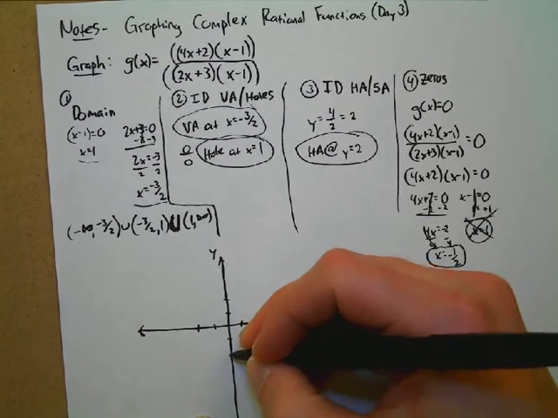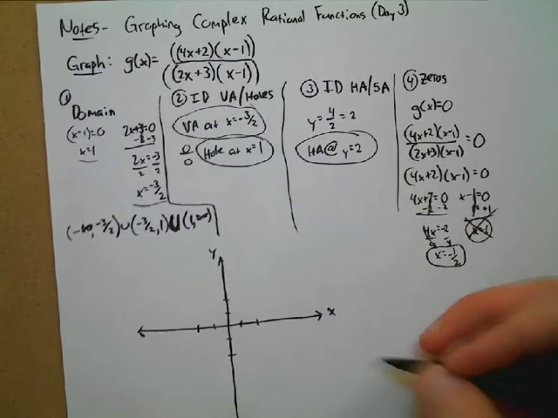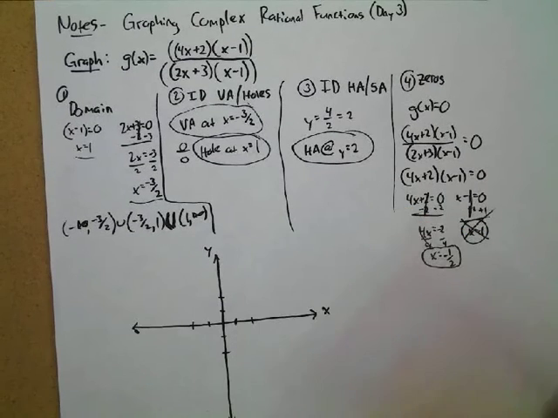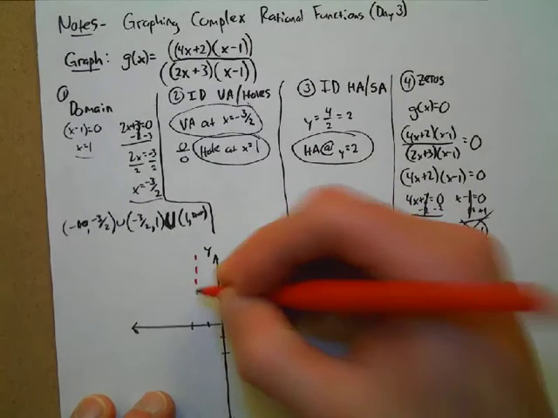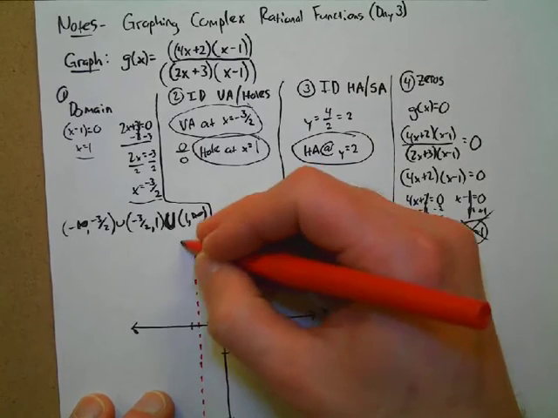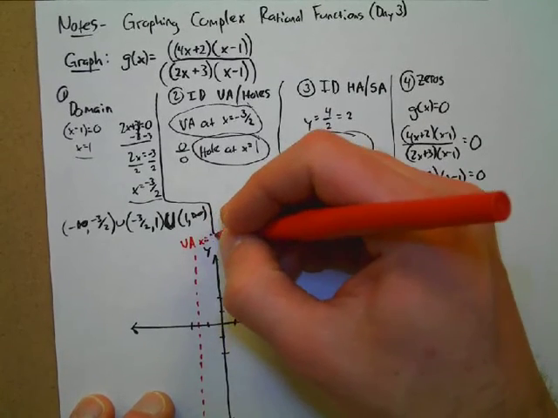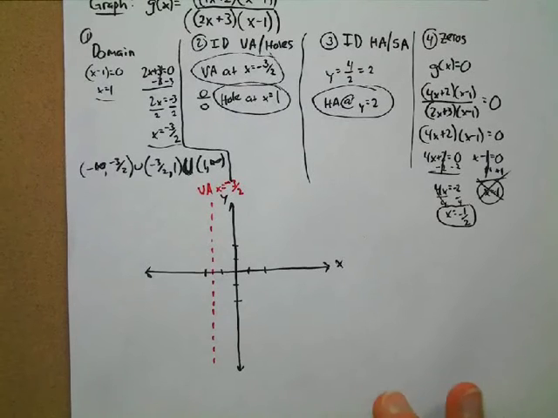I'm going to graph the vertical asymptote at negative 3/2. So here's negative 1, here's negative 2, and negative 3/2 will be right in between here, and I'll put it in red to make it stand out. Right in the middle between negative 1 and negative 2 will be your vertical asymptote. I'm going to label it for the sake of the notes.